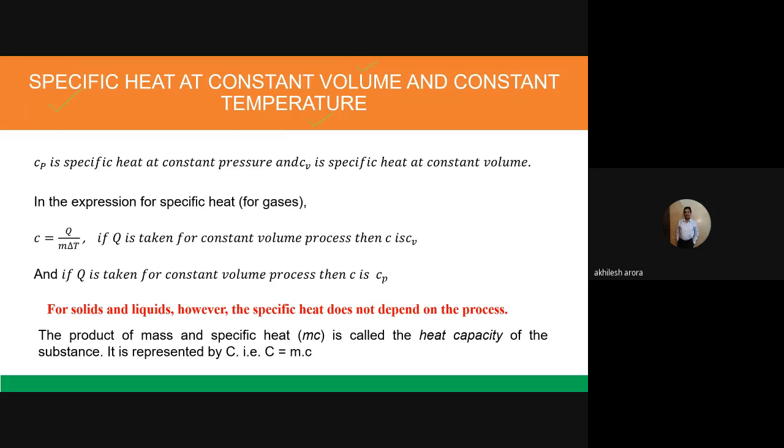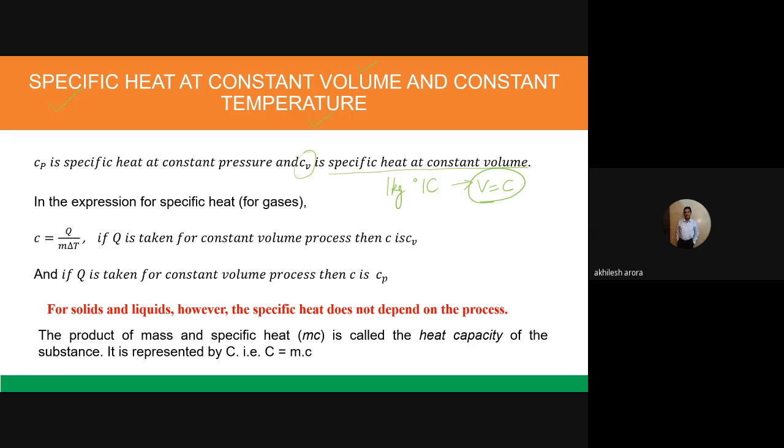We have discussed two processes, one isochoric and the other isobaric, or constant pressure process. If the temperature change of 1 unit of mass, 1 kg, undergoing a 1 degree Celsius temperature change happens when the volume is constant, then that specific heat will be known as CV, or specific heat at constant volume.